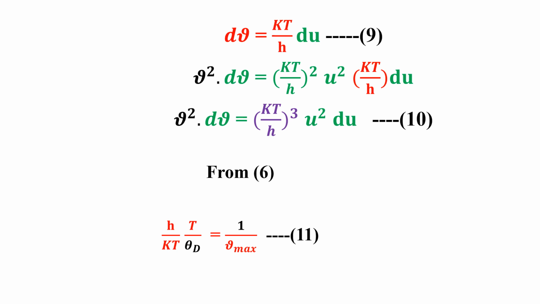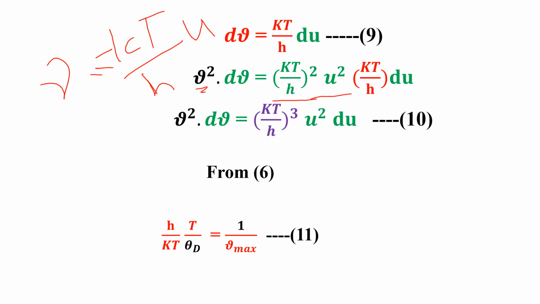In the same way, now we have nu square into d nu. Already we have used the value nu equal to kt by h into u, which we have seen in equations 6, 7, 8. Now we substitute the value of nu in this equation. Instead of nu square, we substitute kt by h the whole square u square, and the d nu value obtained from equation 9, kt by h du.